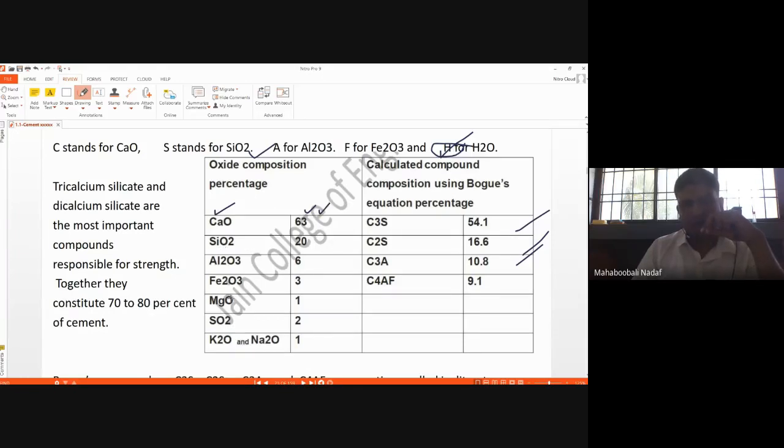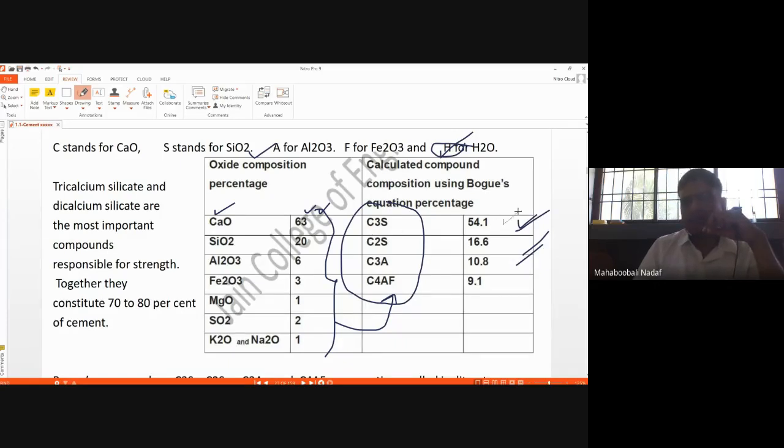Now, when they combine in the kiln at high temperature, all these lead to these Bogue's compounds. So this raw material composition will give these Bogue's compounds. Individually, how much percentage will be there?